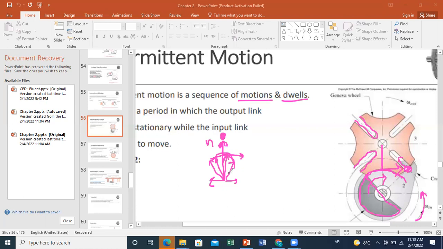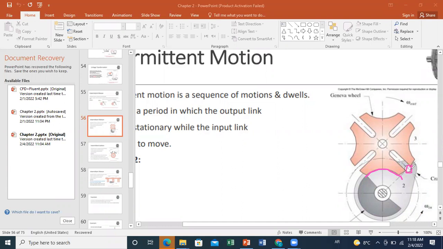And since this is not happening when I have contact between the arc of circle and the Geneva wheel, then I will not be able to cause any couple, and I will not be able to cause rotation of my wheel. So once the contact between the two parts is through this line, I will not have rotation of my wheel. I will only have rotation at the instant this point will enter the slot.